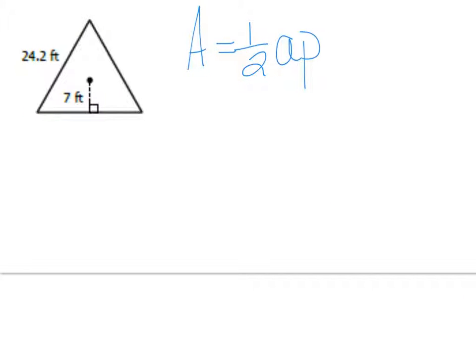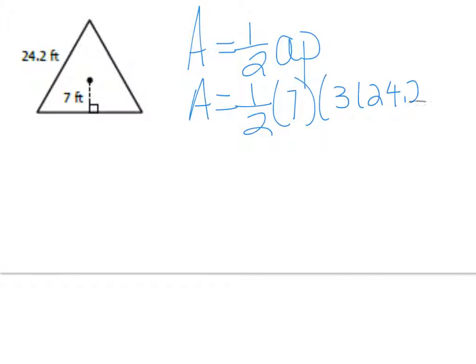All right, here we go with a regular polygon. We'll tell you that in the beginning. This is a regular polygon, which means all sides and all angles are the same. This is where we use this formula. So it is 1/2 the apothem, which is given, and it is 7. The perimeter, however, is going to be 3 sides times 24.2.